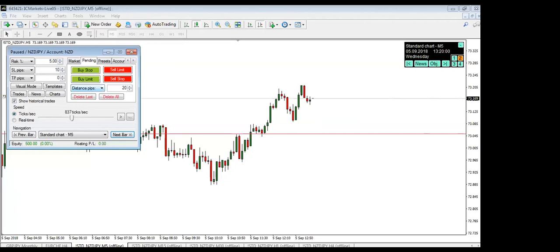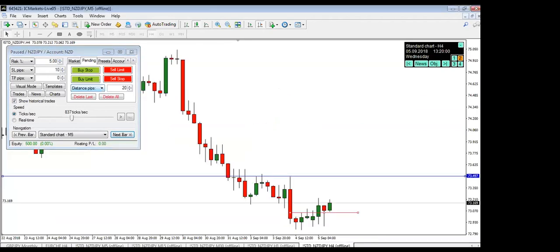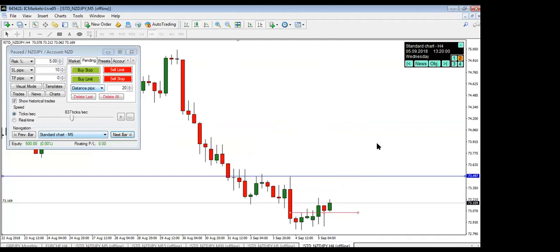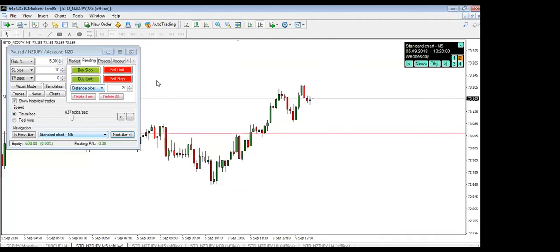How far are we to the major H4 lower high? Oh yeah, it's fine. Don't worry. Go back to the 5-minute. It's fine. More than enough. Take this trade. Buy stop.